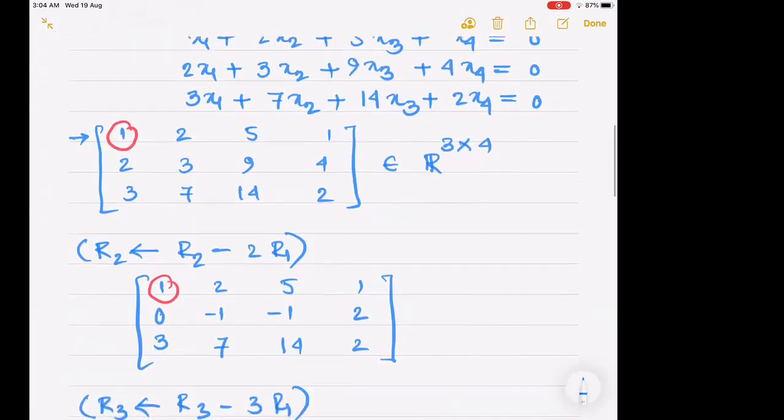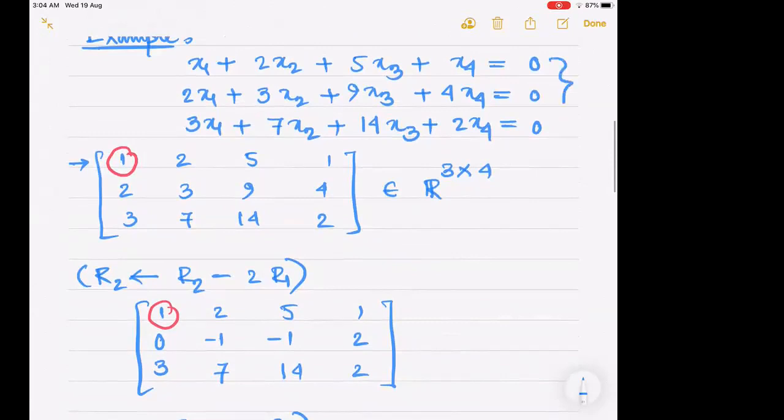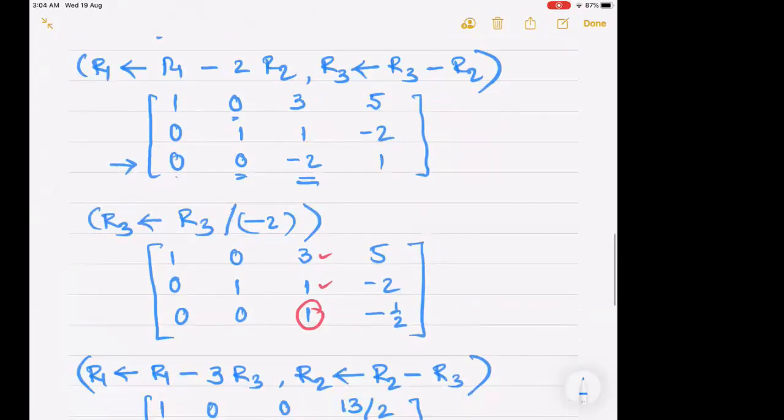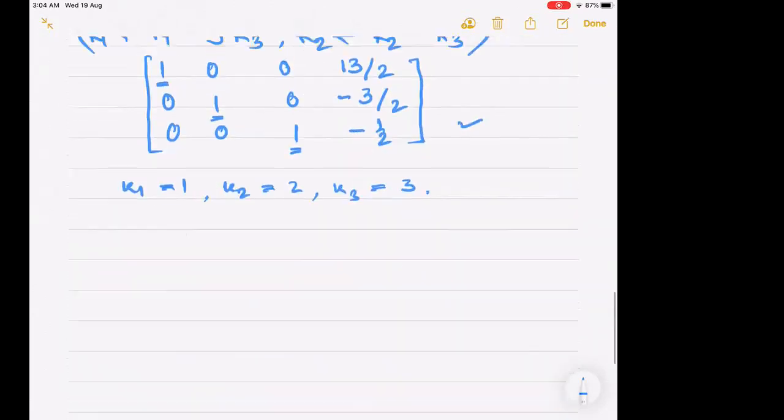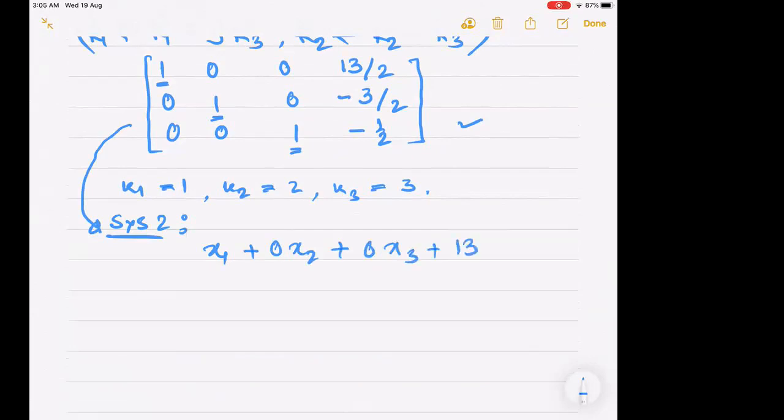It means the following. This system of equations and this system of equations, what is that? So this system of equations is going to be my system 2. It is given by x1 plus 0 times x2 plus 0 times x3 plus 13 by 2 times x4 equals 0.